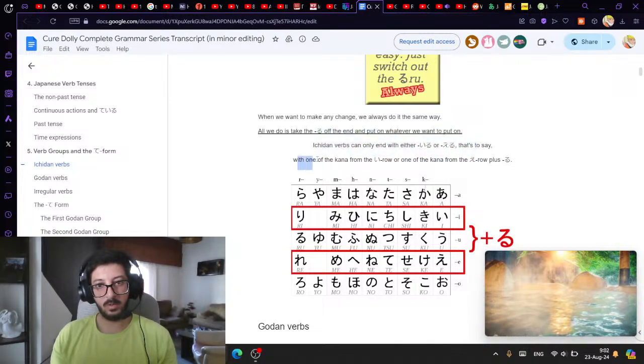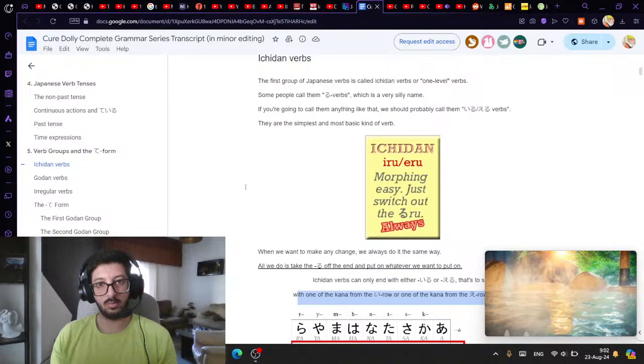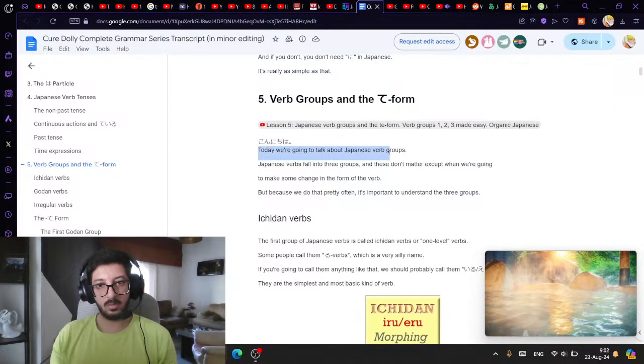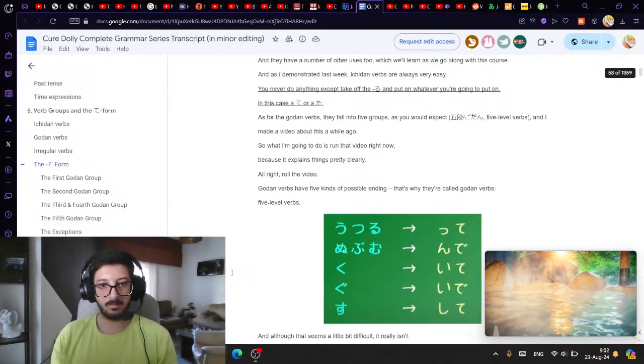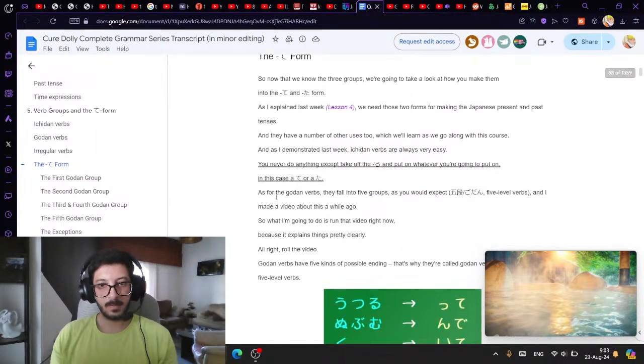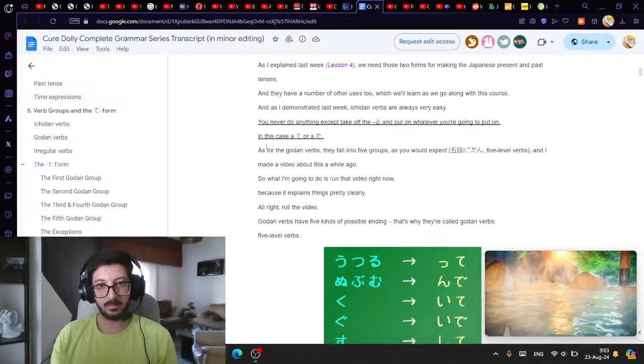That's to say with one of the kana from the i row or one of the kana from the e row, plus ru. Okay, easy. You never do anything except take off the ru and put on whatever you're going to put on, in this case the ta.